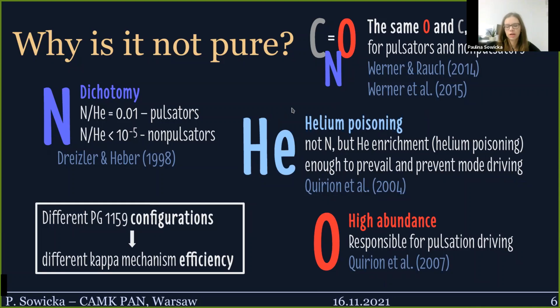Later on, it was found that it's actually the high oxygen and carbon abundance that are responsible for pulsational driving in these stars. Most recently, stars of the same carbon and oxygen composition and different nitrogen abundance were studied, and it was kind of proven that the first idea is the correct one, that it was only the nitrogen that distinguished between these stars.